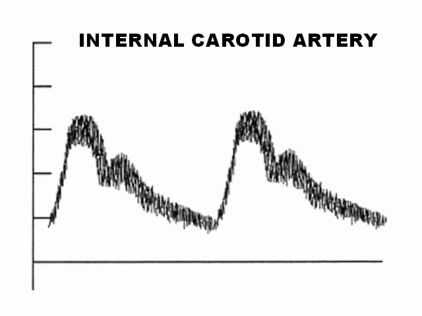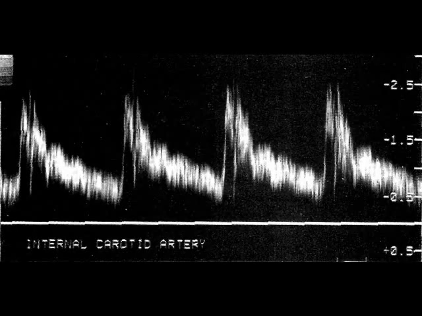Internal carotid artery, high flow in end diastolic area. This is how the internal carotid artery looks on the screen. High flow in the end diastolic and it is round.